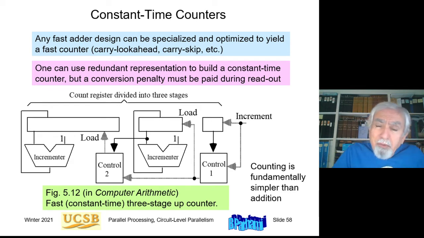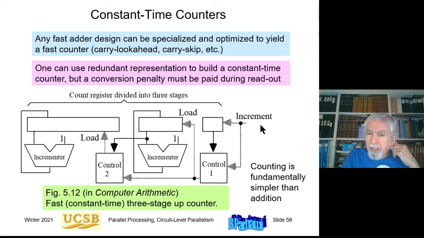Now, of course, a counter can be implemented by using an adder. So if you want to have a register that contains a count, and then on every assertion of this increment signal, you want to add one. Well, adding one is a special case of addition. So you can use an adder and a register to implement this.